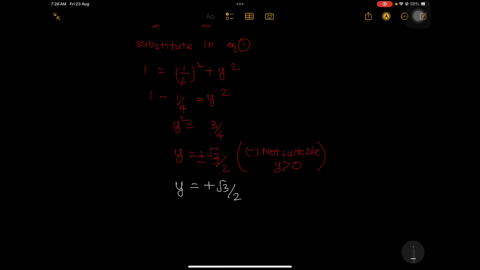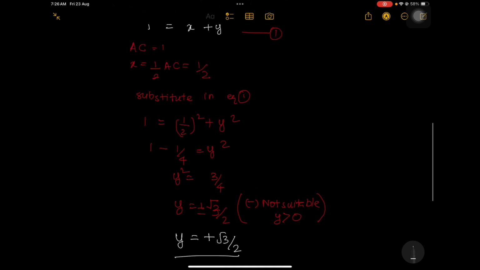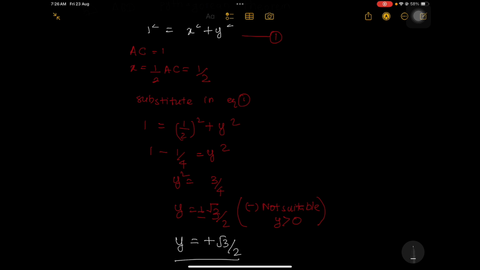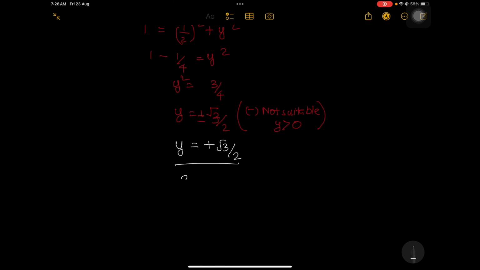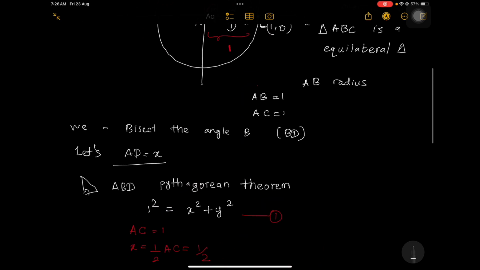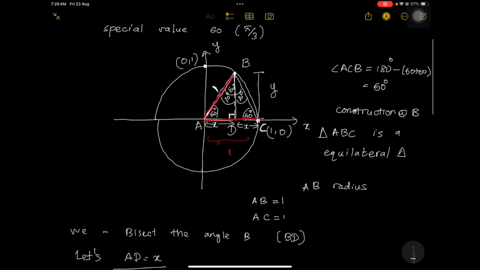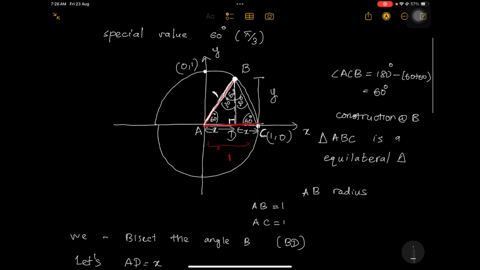We already know x, right? So x is half, and y is √3/2. So the value of the trigonometrical ratio for the special angle 60 will be here.